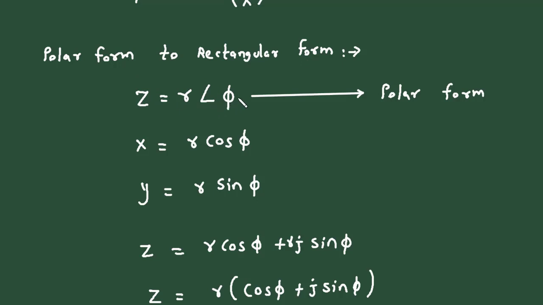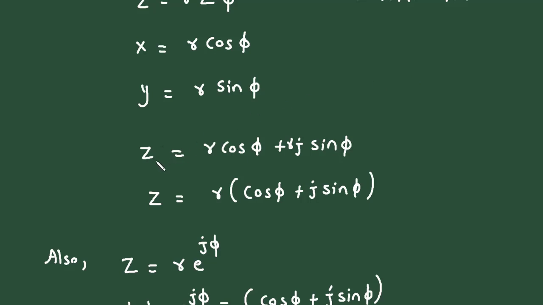Now suppose if we want to convert polar form to rectangular form, then z is equal to r at an angle phi. This is the polar form. To convert this into rectangular form, we need x and y. So x is equal to r cos phi and y is equal to r sin phi. So since z is a complex number, it will be real plus imaginary. We have to multiply this with j.